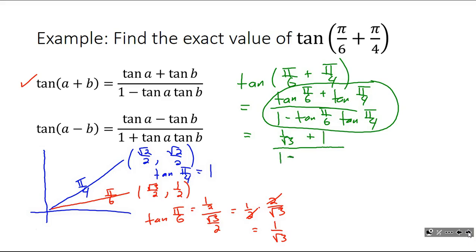Underneath we have 1 minus the tangent of pi over 6, which is 1 over square root of 3, times the tangent of pi over 4, which is equal to 1. All right, that's what we have. We have 1 over square root of 3 plus 1 over 1 minus 1 over the square root of 3.